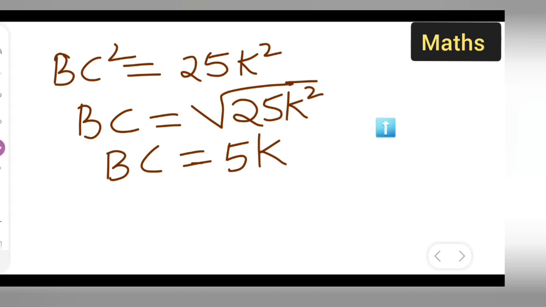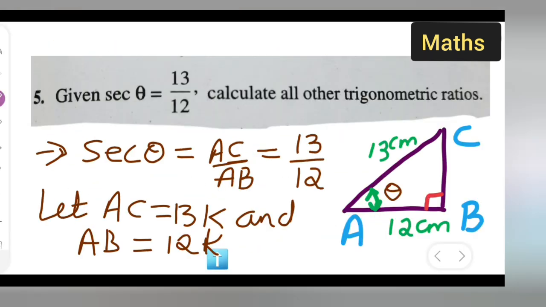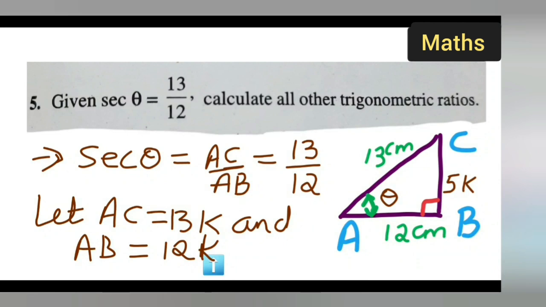So BC is equal to 5k. Now it is easy for us to find the sine. Let me write this 5k over here on the triangle, because I got 5k.